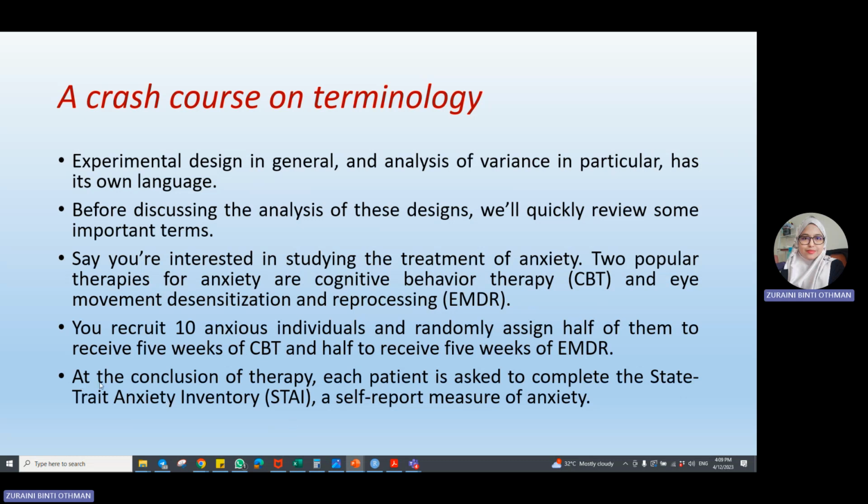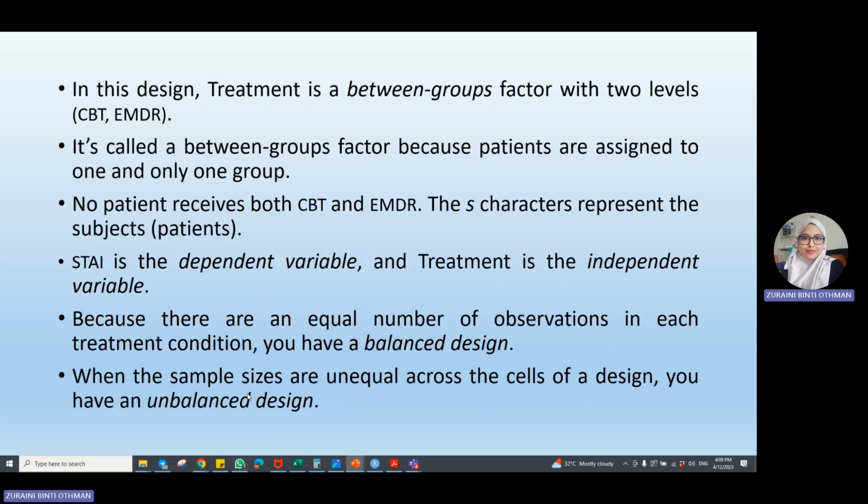At the conclusion of therapy, each patient is asked to complete the State-Trait Anxiety Inventory, a self-report measure of anxiety. This is at the end of the therapy session. In this design, treatment is a between-group factor with two levels: one group who receive CBT and another who receive EMDR.